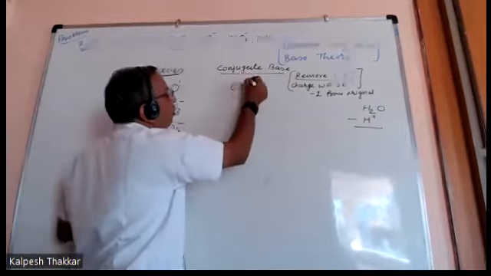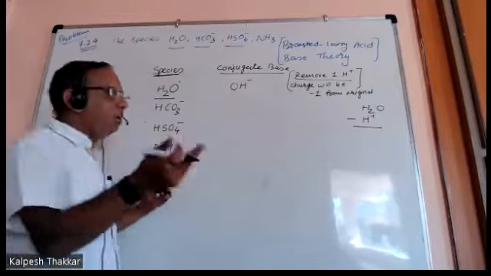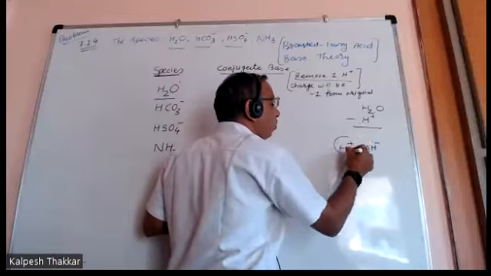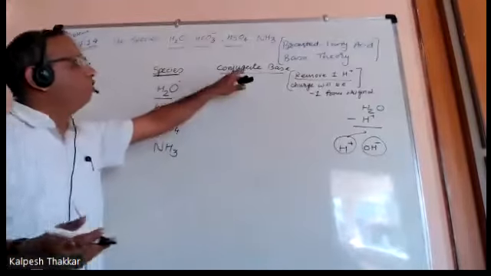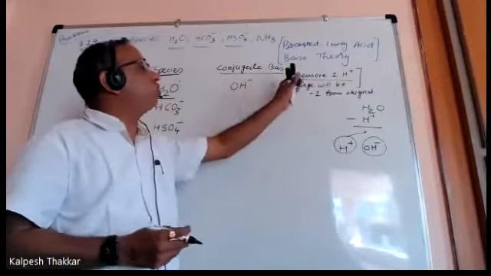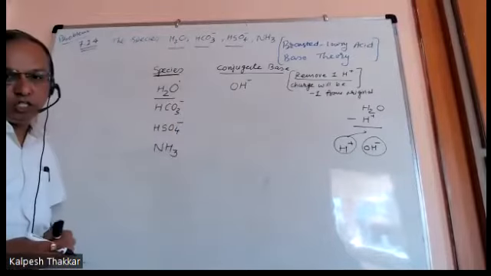So here we have 0 minus 1, so a -1 charge is there. In H2O, H plus and OH are both already present. H plus is donated because the conjugate base requires removal of one H plus, and that's why OH minus is left. It will have -1 charge.